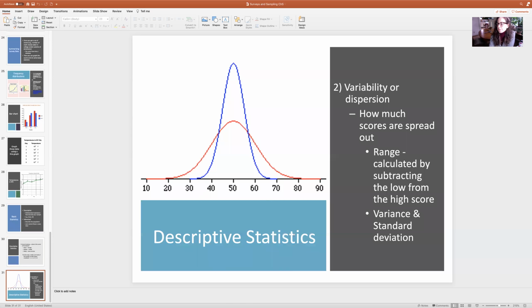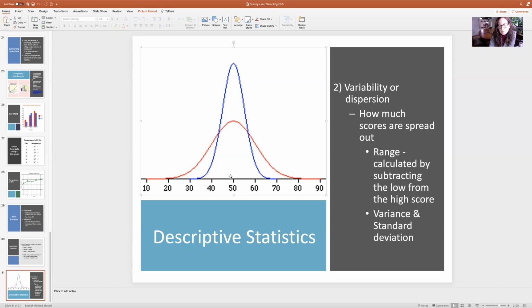Finally, we have a measure in descriptive statistics called variability or dispersion. And that's how much the scores are spread out. So in both of these cases, with the red line and the blue line, we have a mean right at 50. And so that's going to be our mean, or our middle there. In that sense, both are the same.